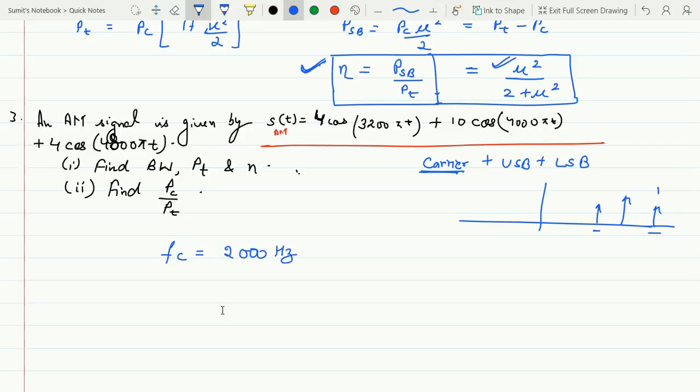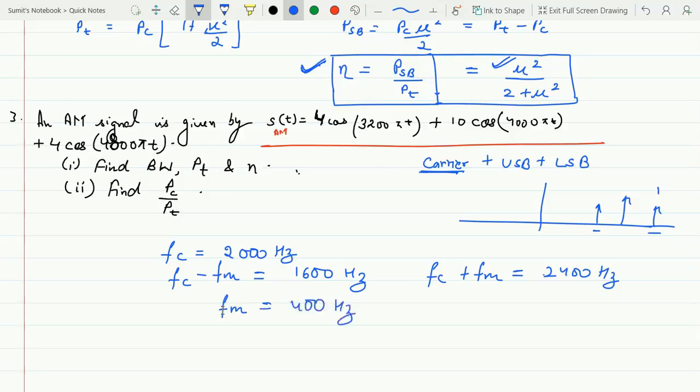And you can say that FC minus FM is your 3200 pi, or 1600 hertz, or you can also say FC plus FM is your 4800 divided by 2 pi, that is your 2400 hertz. So from both these equations you can find out FM. So FM would be coming out as 400 hertz.